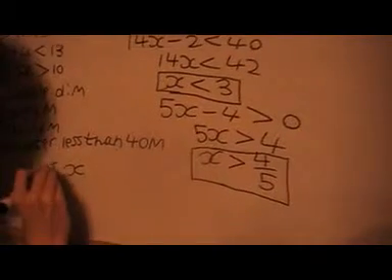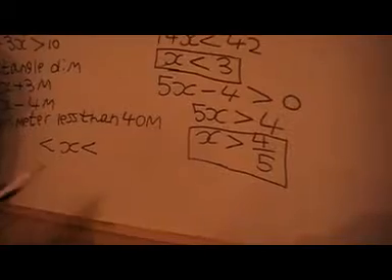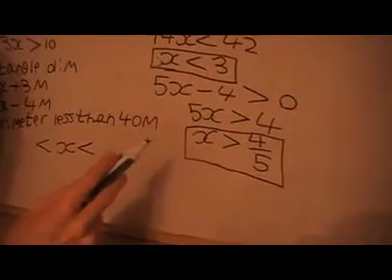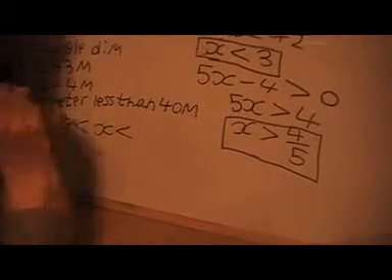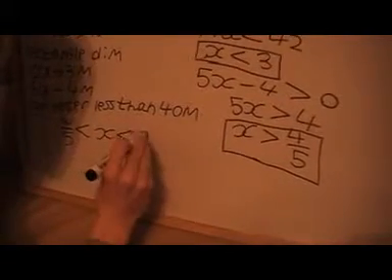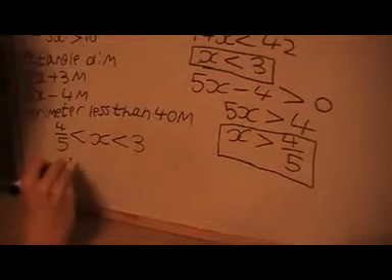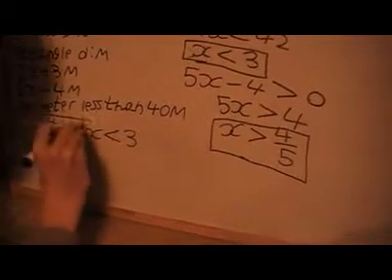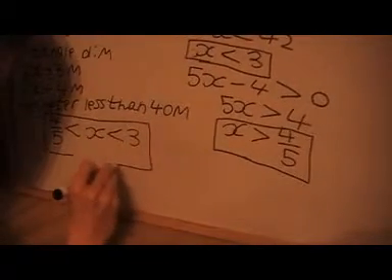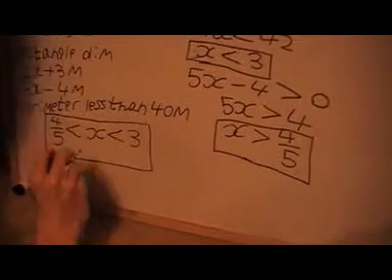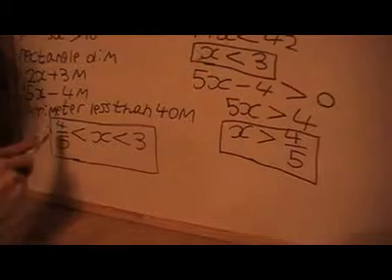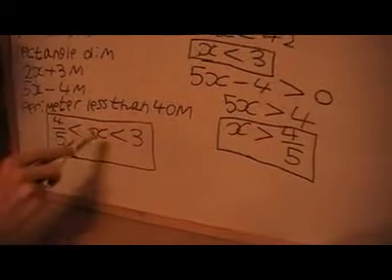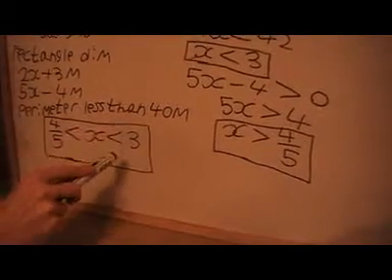So I can rewrite that like this. x is greater than 4/5 and less than 3. So that means x lies within this range. It means the set of solutions is in between 4/5 and 3.